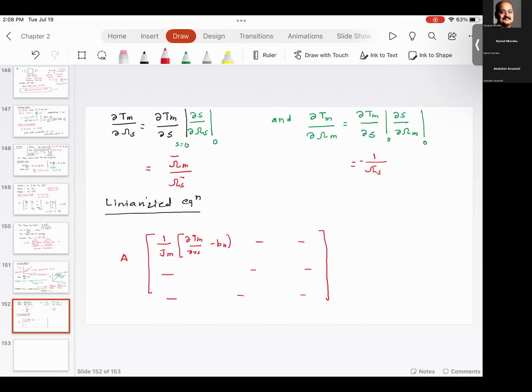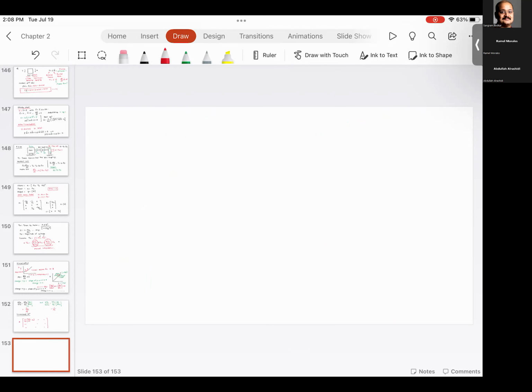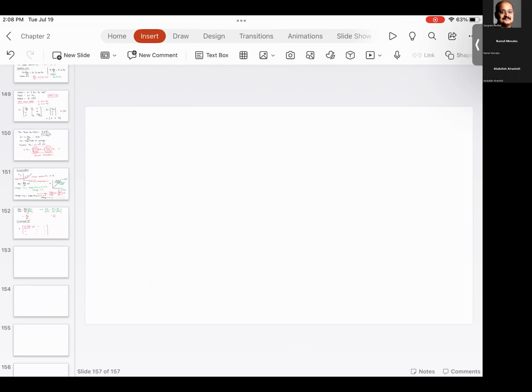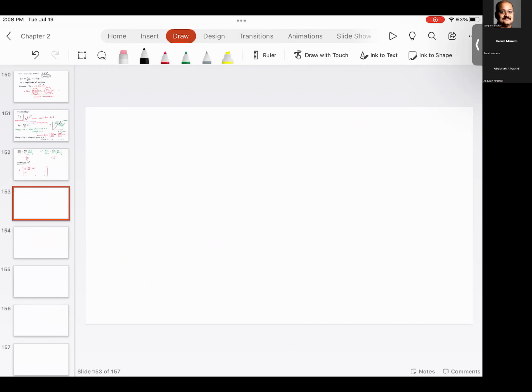So the next problem which I want to work out is an automotive system. We have a few more problems to work out. This is problem 2.26.